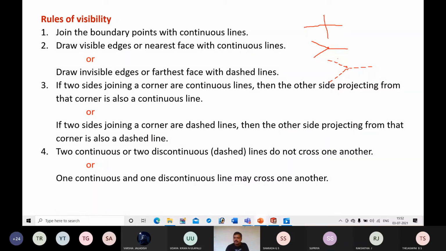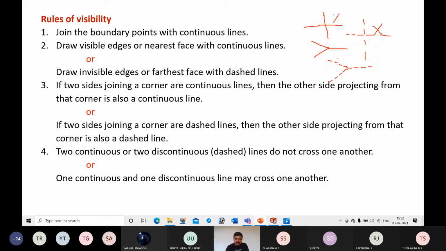This applies only to slant edges and base edges. Next, two dashed lines also will not cross one another. This is not possible, it cannot happen.